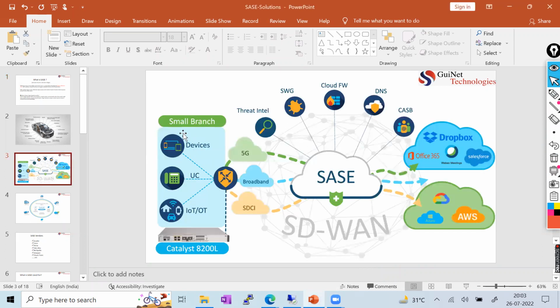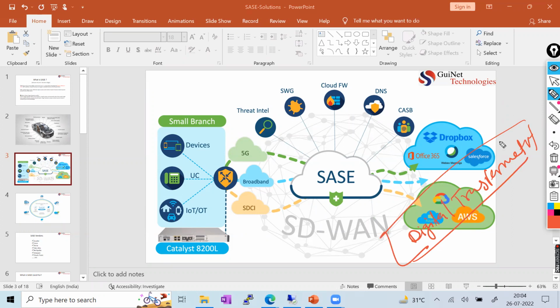You can see that in modern network requirements we are talking about digital transformation, a very fancy word. Every organization keeps moving toward digital transformation, and trust me, this is not possible without using the SASE concept and leveraging the SASE features, which have different components.